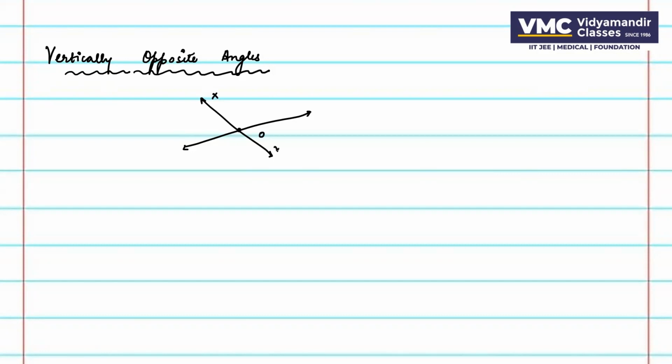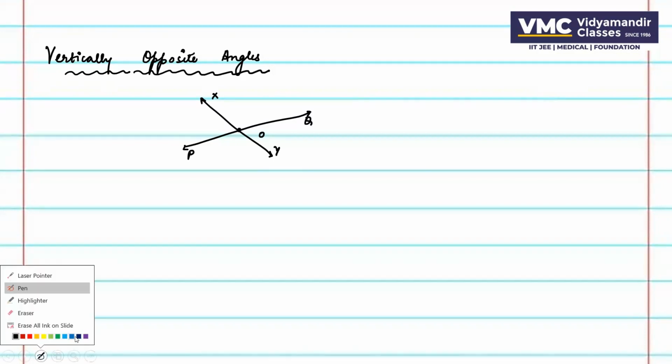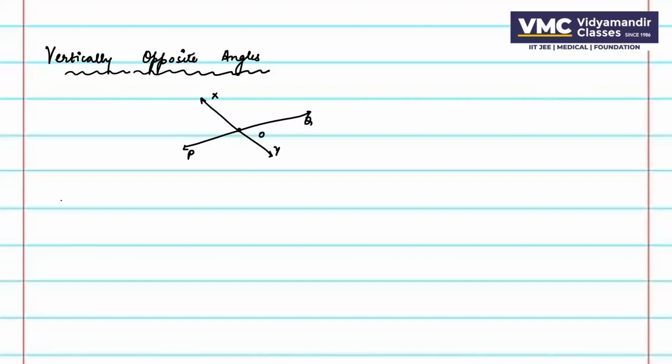Suppose I'm taking this as XY and another line as PQ and they are meeting at a point which is O, so a cross is formed. In this cross, vertically opposite angles are formed. So you can write down vertically opposite. Angle XOQ is equal to angle POY. They are a pair of vertically opposite angles. Angle XOP is equal to angle QOY. They are also a pair of vertically opposite angles.